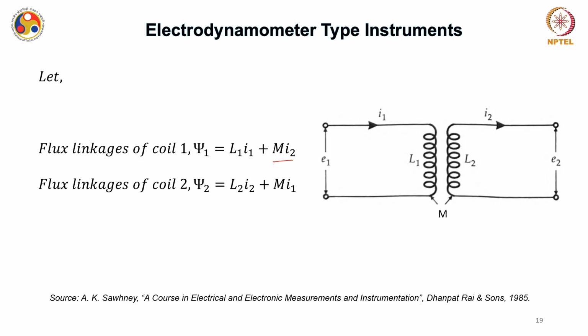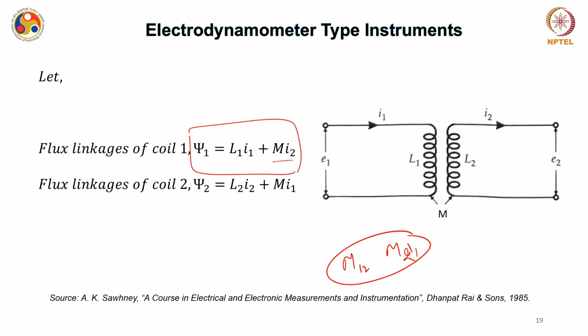Usually we have the notations like M12 or M21, but we are not taking it like this, we are only taking the mutual inductance M. So I am calling this equation psi 1 equal to L1 I1 plus M I2 and psi 2 equal to L2 I2 plus M I1 as equation A and equation B.